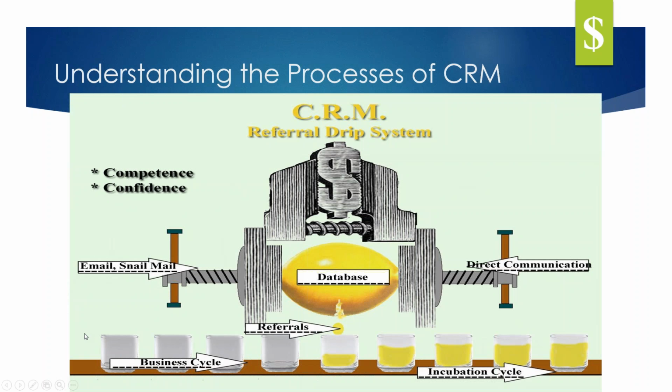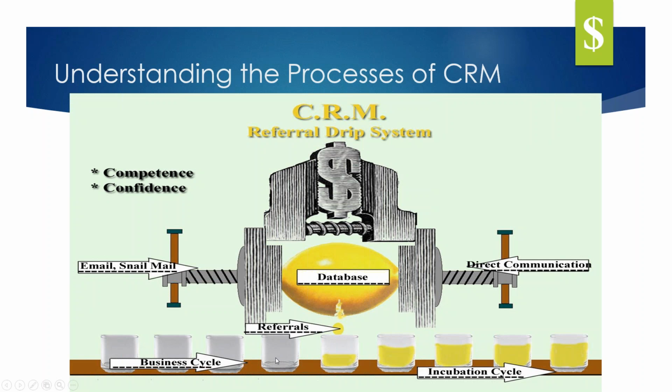This here is an illustration of what the purpose is. So if you imagine the lemon here in the middle of this vise is your database. So CRM is a messaging campaign that's applied to your database and executed upon your database, and the result is that referrals and business come out of it. So your business cycle, if you can picture that like a conveyor belt, I need you to use your imaginations here.